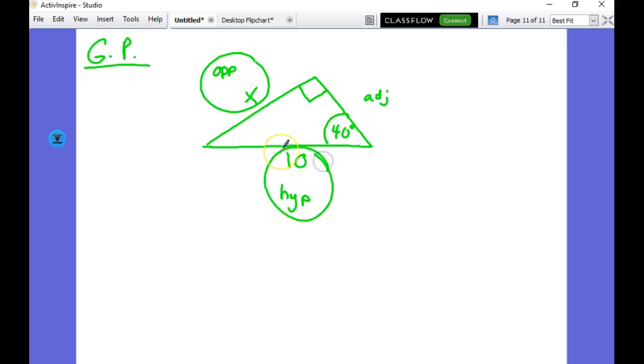Good. All right, now I'm gonna let you guys think for a minute. Which trig ratios am I going to use? Sine, cosine, or tangent? Don't shout it out. Am I going to use sine, cosine, or tangent? What do you think, Sid?